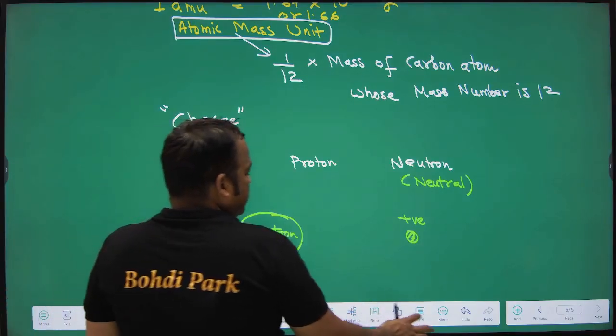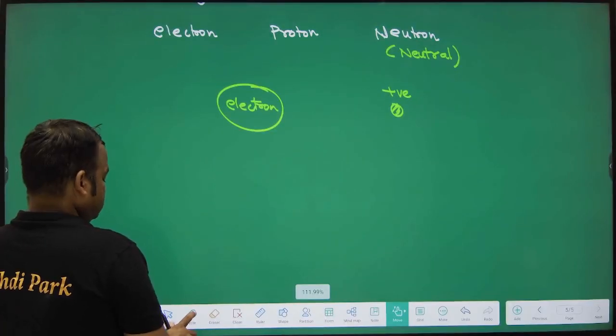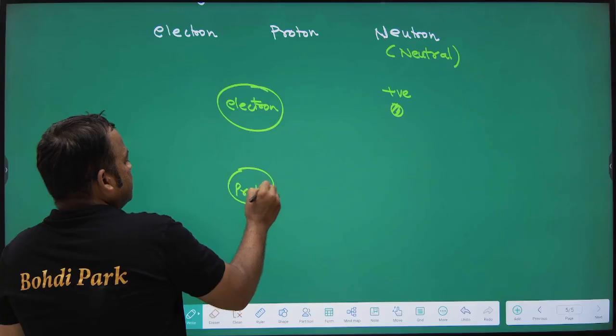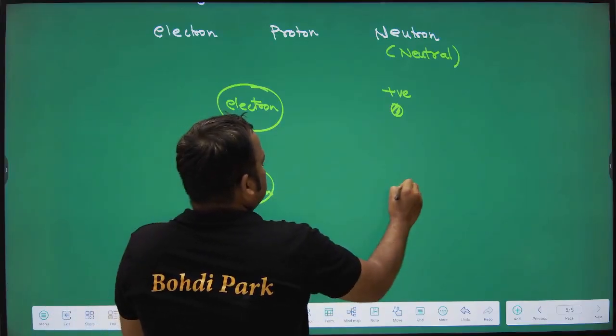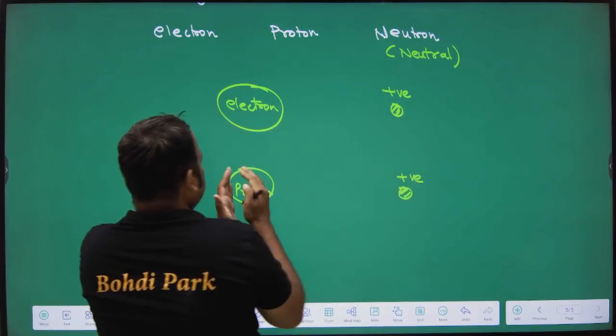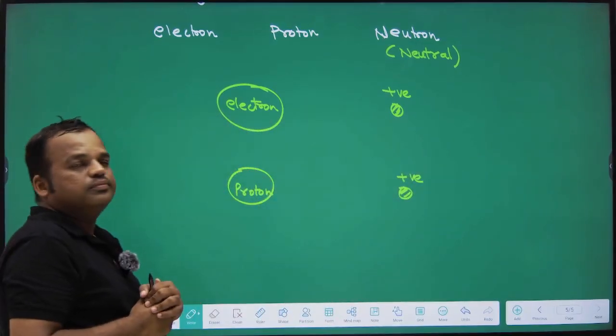And suppose we have a proton and the same positive charge is there, so the proton will repel this positively charged body.